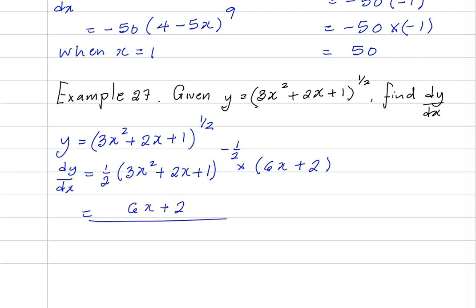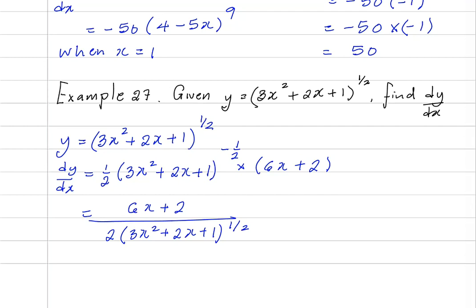At the bottom, I have 2 multiplied by 3x squared plus 2x plus 1 raised to the positive a half power. So the power was first negative, and to make it positive, you carry it down to the denominator.